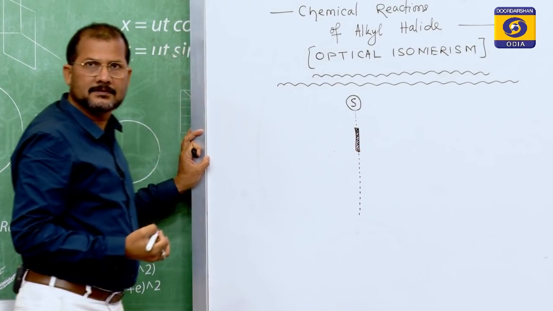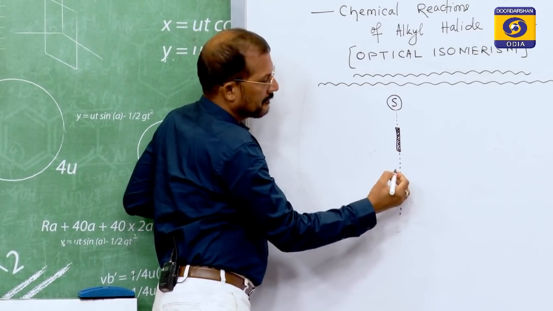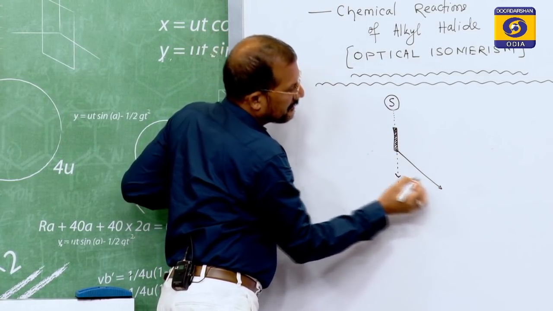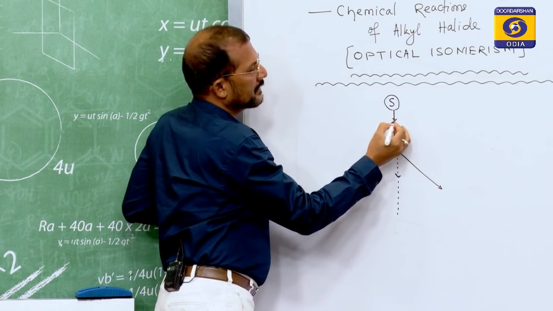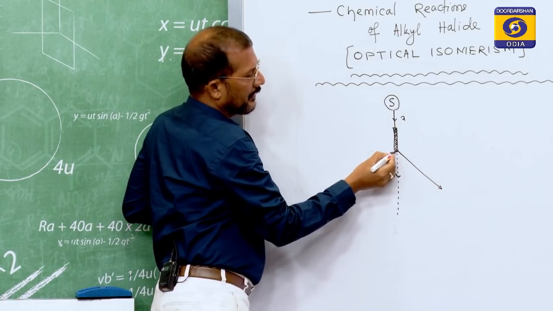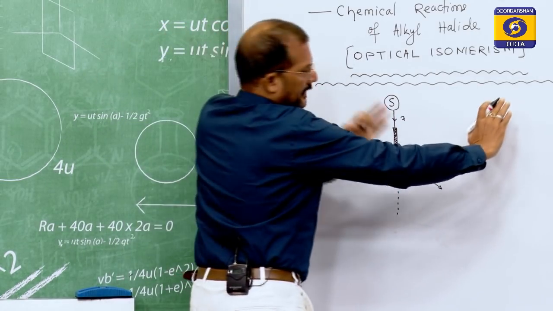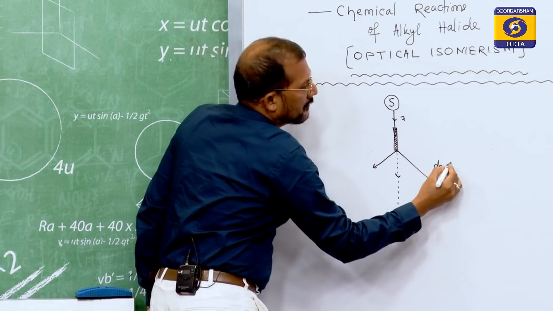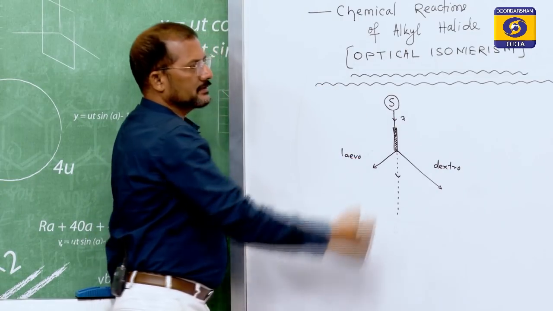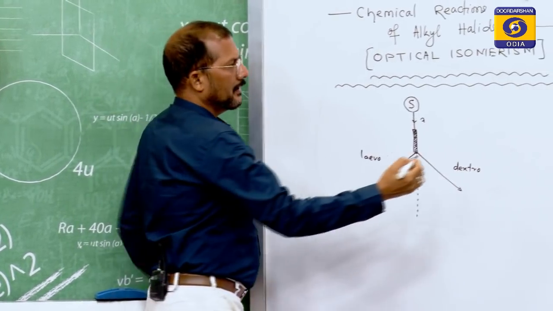There are chances the light may pass straight or be blocked, with no indication obtained, or the light may go along this direction. The light was coming along this direction, plane polarized light, and it has now been changed to this place, or some organic compound may rotate it along this direction. Those which rotate towards the right side are dextro compounds, and those which rotate towards the left side are levo compounds. Here on the screen I have shown a molecule like this.